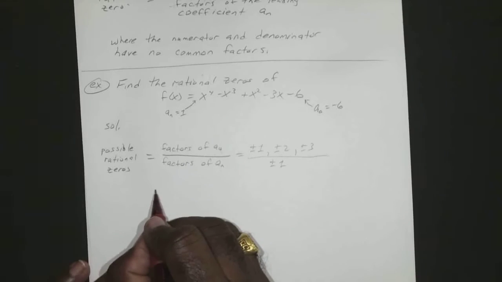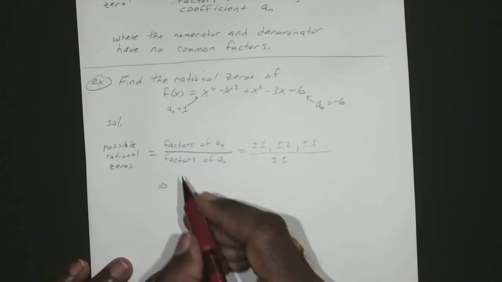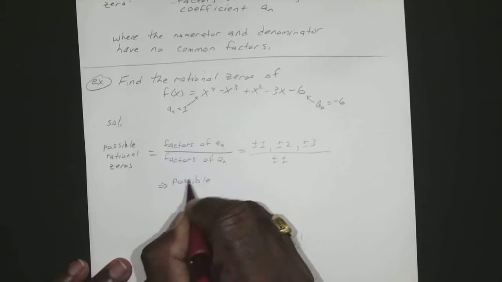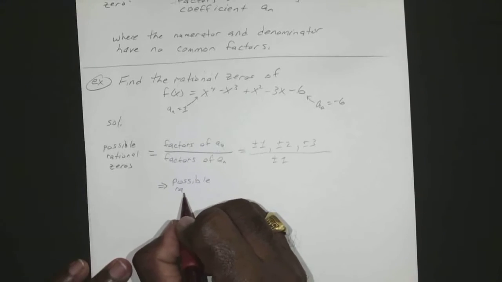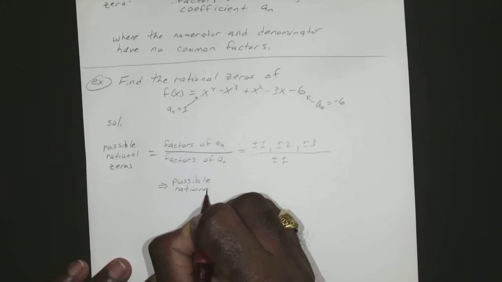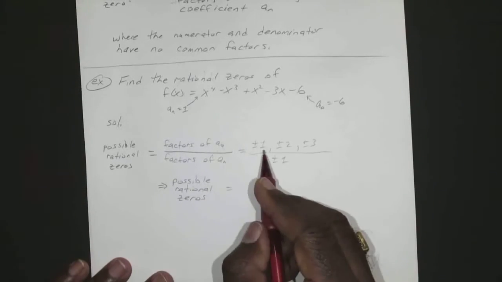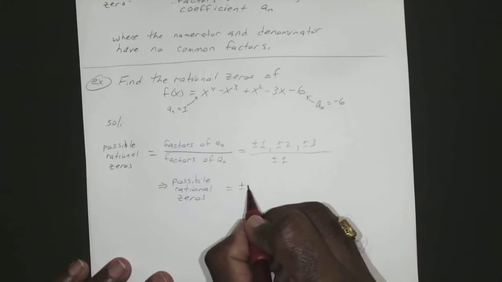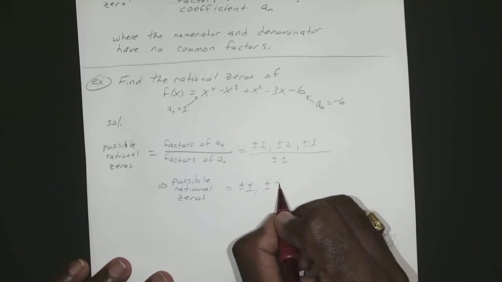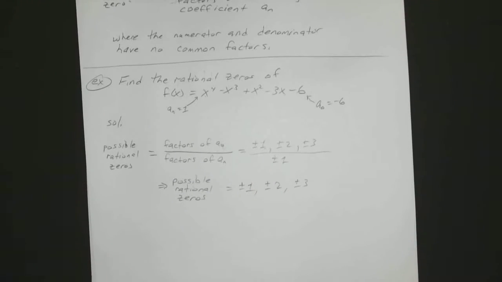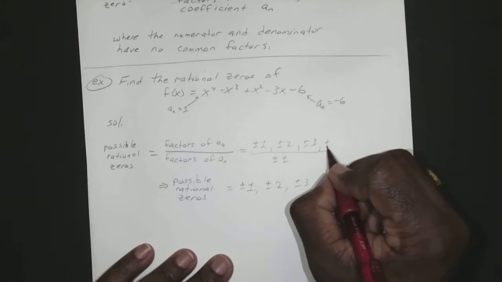So that means your possible zeros are positive or negative 1, positive or negative 2, and positive or negative 3. Oh, and positive or negative 6. Forgot about that one.